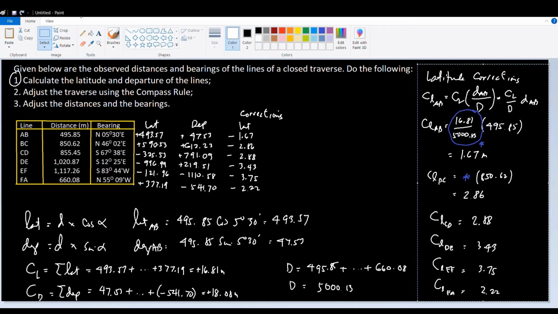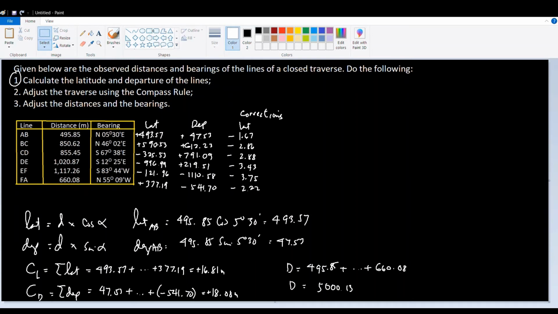Next, we calculate for the partial corrections. So the correction for the departure is equal to the total departure correction over the total perimeter, times the distance of the course.